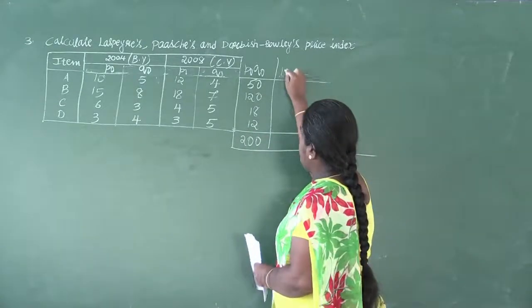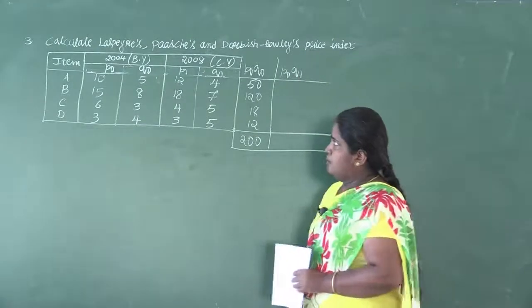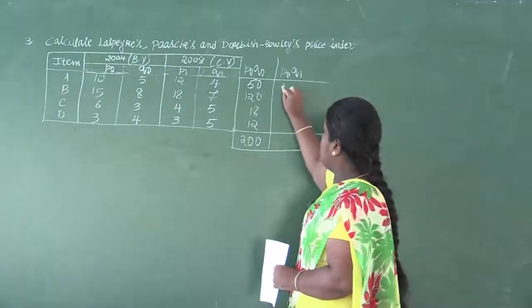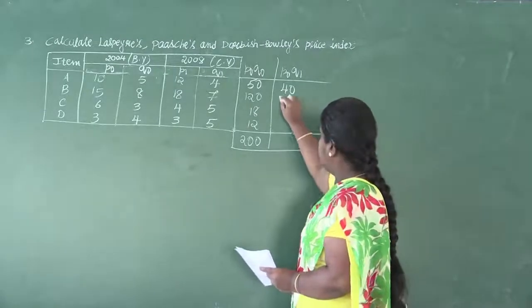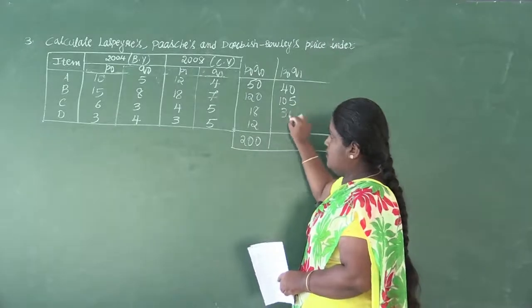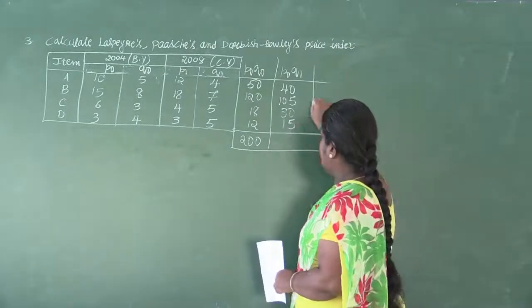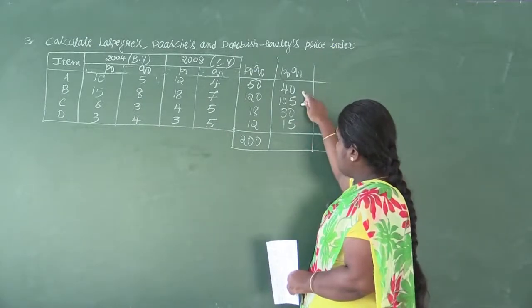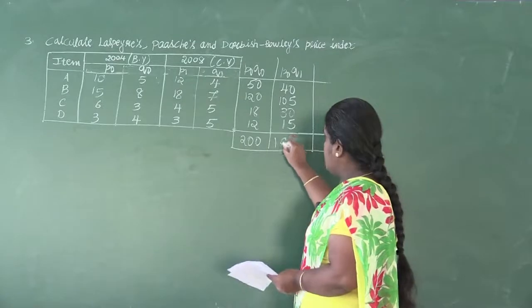Then multiply P0 and Q1. P0 and Q1 is 10 into 4, 40. 15 into 7, 105. 6 into 5, 30. 3 into 5, 15. Now do the total, 40, 105, 30 and 15. It is 190.